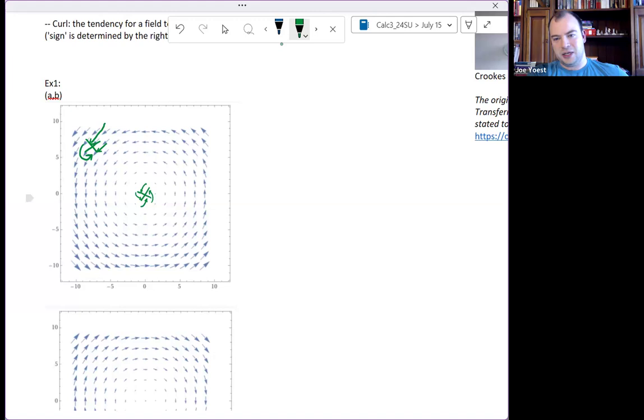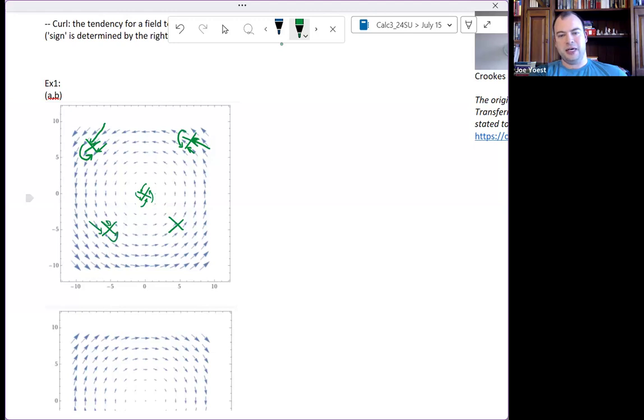And the same thing could be said, for instance, over here: the vectors on the top right are pushing much harder than the vectors on the bottom left. This is still going to cause a counterclockwise rotation. The top right wins out and makes it rotate counterclockwise. And I can see that that would essentially be the case pretty much anywhere in this field.